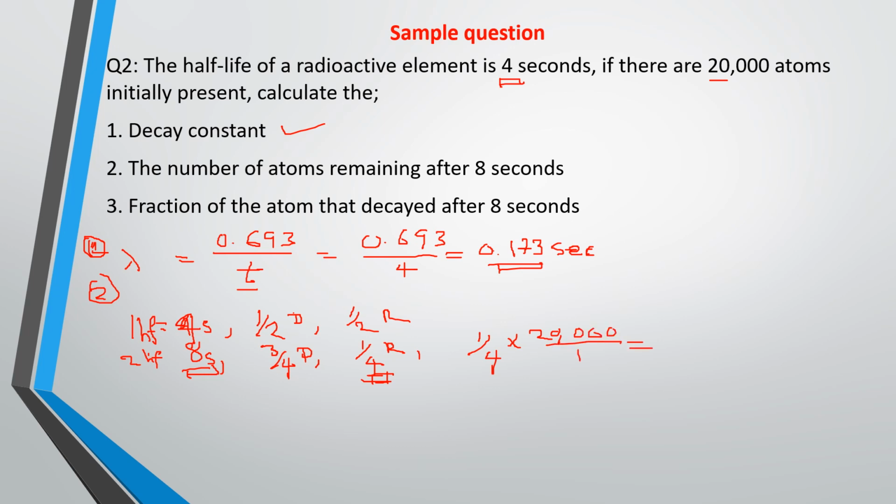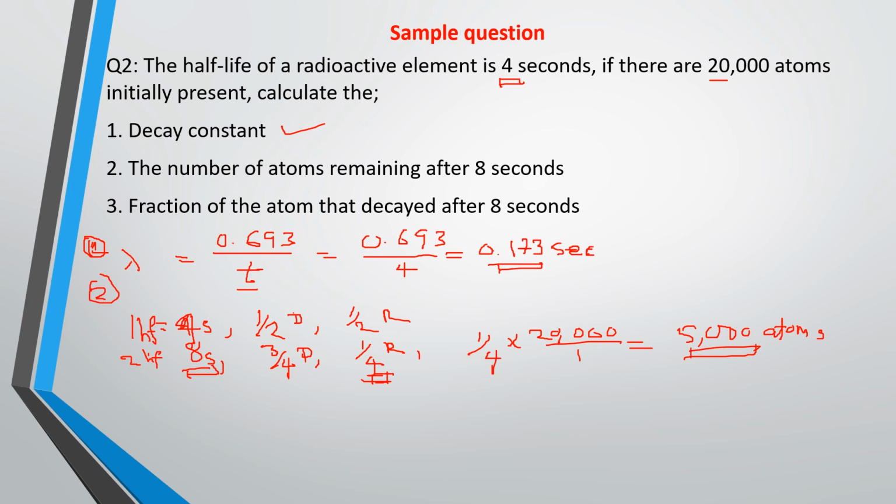When you do that, 1/4 of this is equal to 5,000 atoms. So 5,000 atoms is what will remain.